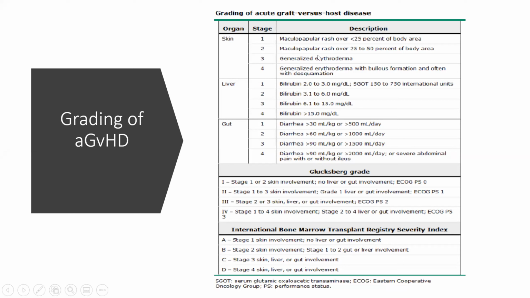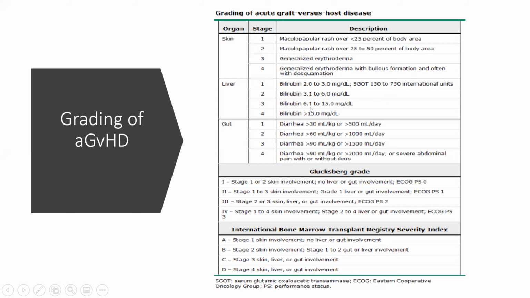So as you can see here, the skin, liver, and gut are given a stage 1 to 4, and it actually describes the extent of the rash that may develop, whether there's erythroderma or whether there's desquamation or bullous formation.